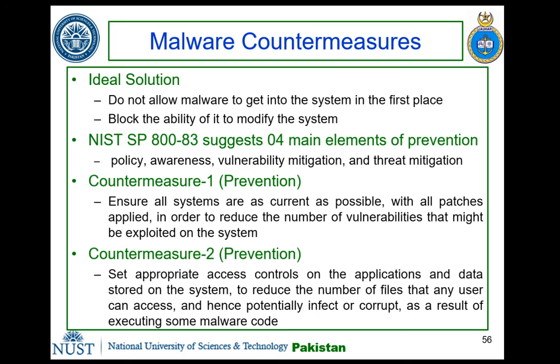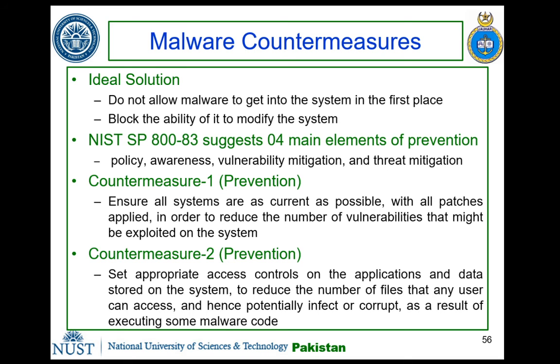One of the first countermeasures that should be employed is to ensure that all systems are as current as possible, with all patches applied, in order to reduce the number of vulnerabilities that might be exploited on the system.